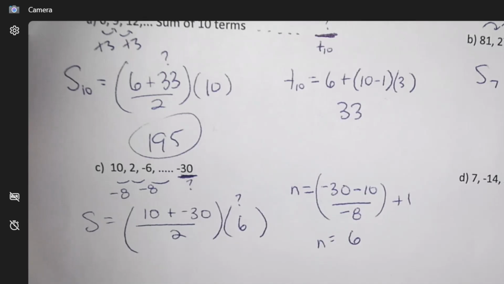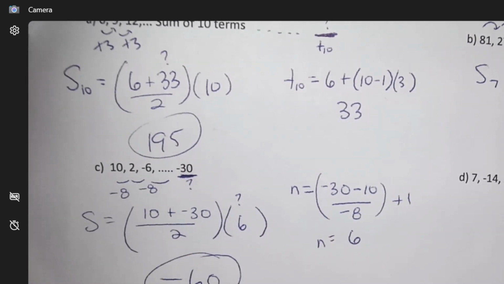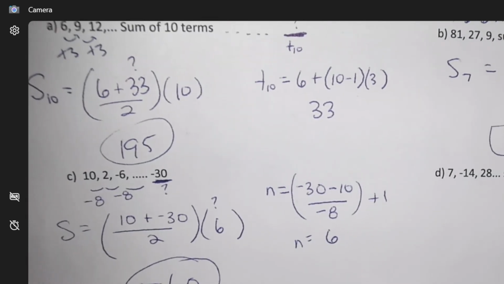Keep using brackets. Okay, good. Negative 60.